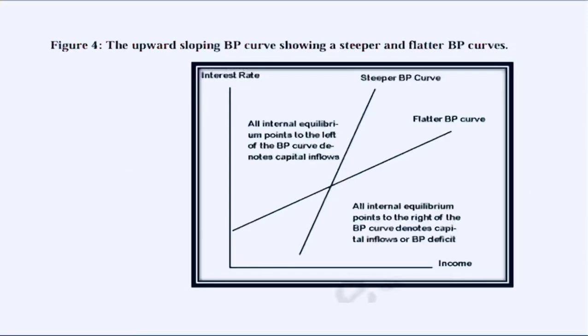All points to the right of those curves show points of capital outflows or BP deficit. This is very key. When there is high capital mobility, you have a flatter BP curve. When there is low capital mobility, you have a steeper BP curve.